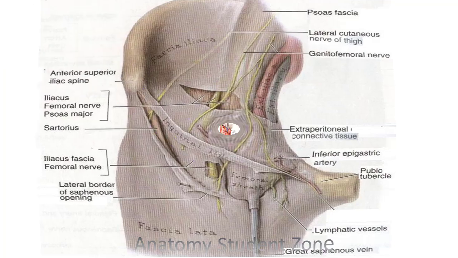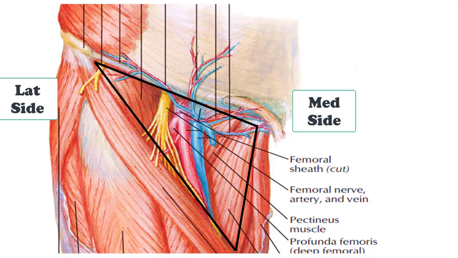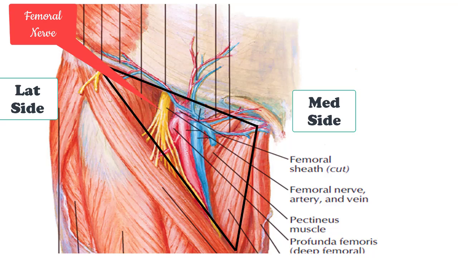Again, for the contents, first identify the lateral and the medial side. This is the lateral side, this is the medial side. The contents of the femoral triangle from lateral to medial begin with the femoral nerve and its terminal branches. And we know the femoral nerve is not enclosed in the femoral sheath. We have already covered this in a previous lecture as well.